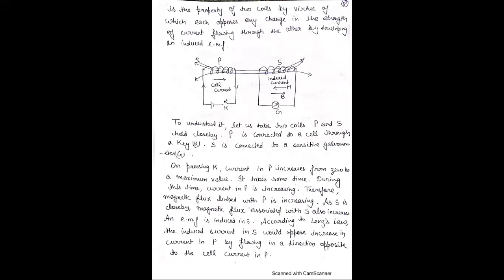There is a change in magnetic flux, therefore an EMF is induced in coil S, and according to Lenz's law, the induced current in S during break flows in the direction of the cell current in P so as to oppose the decrease in current in P.